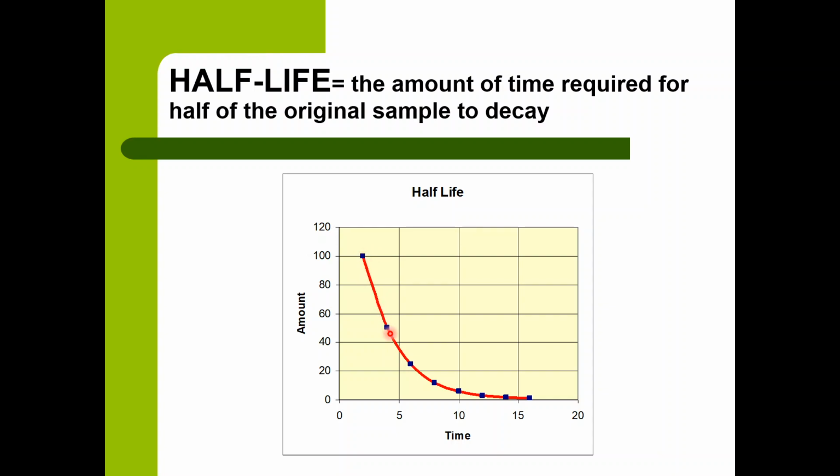And then right around 4 years, you'd only have about 50 whatever of that sample left. Maybe grams, maybe micrograms. And then around the 6-year mark, notice, you only have about 25 grams of that left. Every time this happens, what you're actually doing is 100 to 50, 50 to 25, 25 to 12.5, 12.5 to 6.25, 6.25 to 3.1.